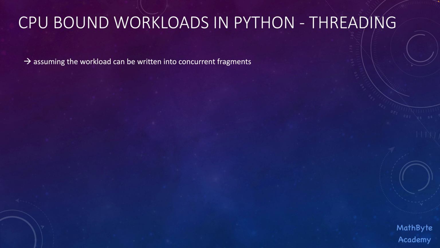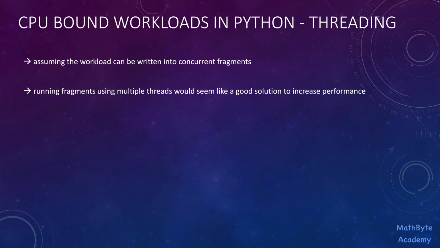We're also assuming that it's possible to write that same piece of code concurrently, like we saw with the average much earlier on. So if we could take that workload and write it into concurrent fragments, then running those fragments using multiple threads would seem like a good solution to increase performance. Run those things in parallel, right?